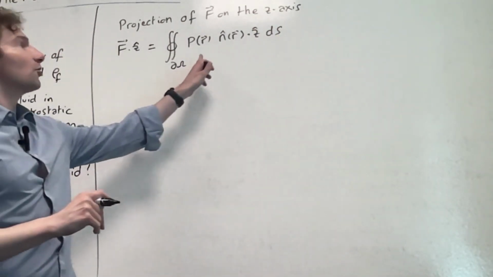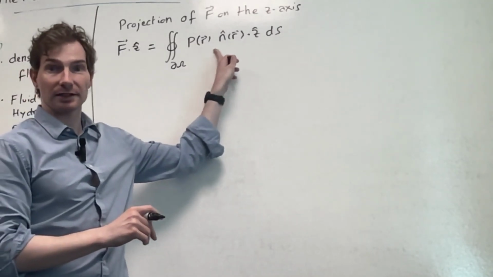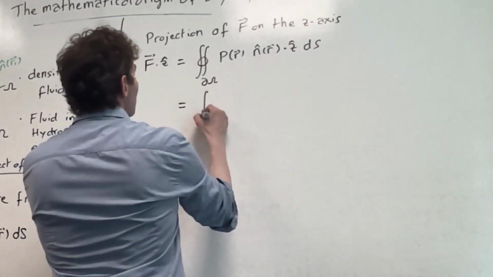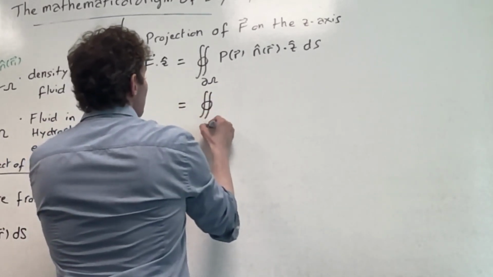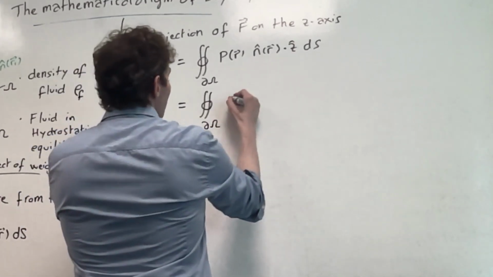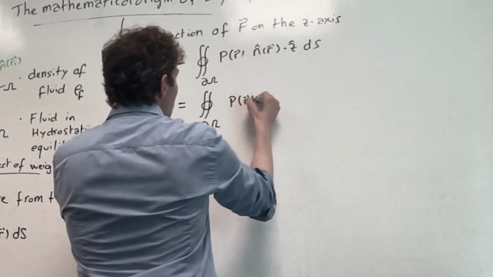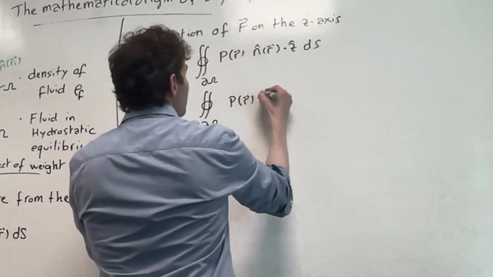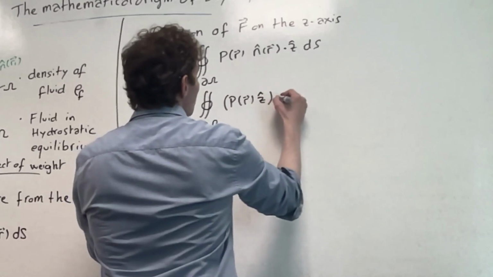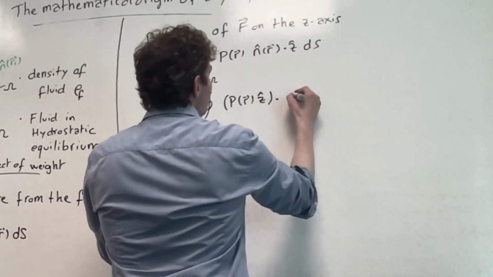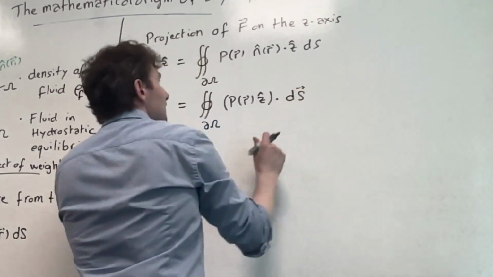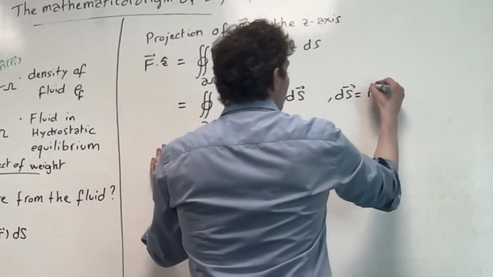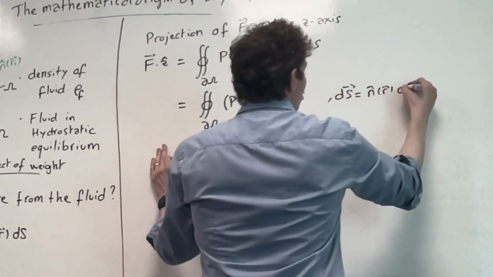But I have actually another way of writing this down. I can write this as being equal to the integral over d omega, and then I can create a fictitious vector field that doesn't exist, that is P of r in the z direction, and then dot product ds, where ds is equal to n of r ds.